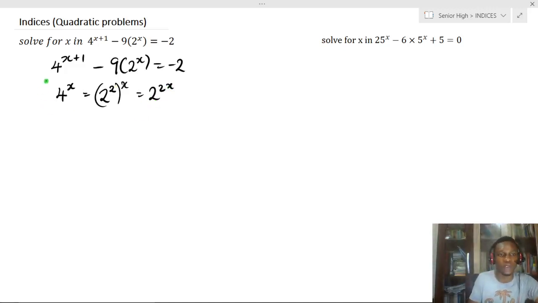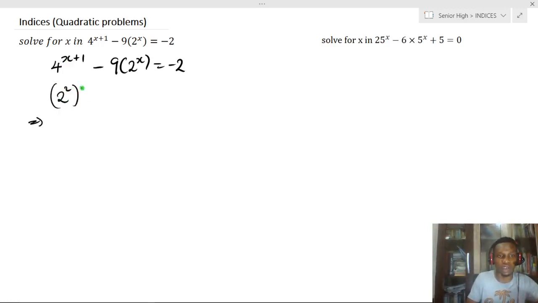So if I was to put back this equation again, let me wipe this off. I'll put it as 2 raised to the power of 2x plus 2. Now let me show you why it happened that way. This 4 raised to the power x can be written as 2 raised to the power of 2, right?